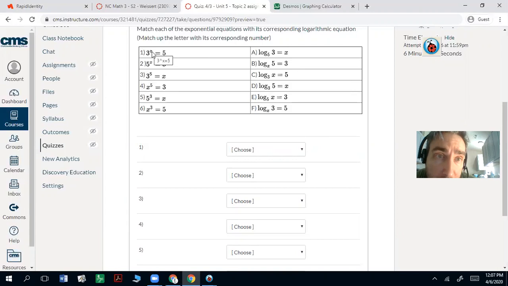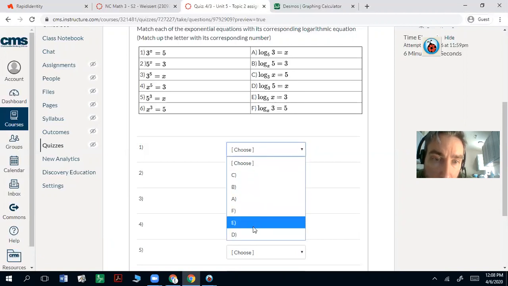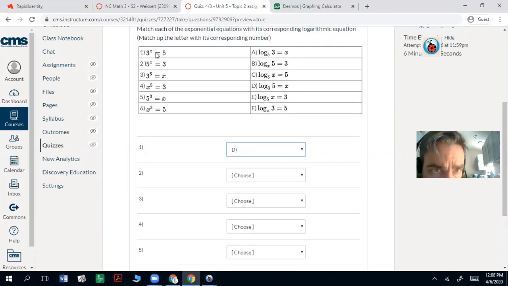So the x will be on the opposite side of the equation in the log form, and the 5 will be in the log. So on number 1, 3 to the x equals 5, you actually want to pick log base 3 of 5 equals x. So 3 out to the x power, come back equals 5. 3 to the x equals 5. So it's going to be D. I don't know if your answer choices are scrambled, but this one goes to this one.